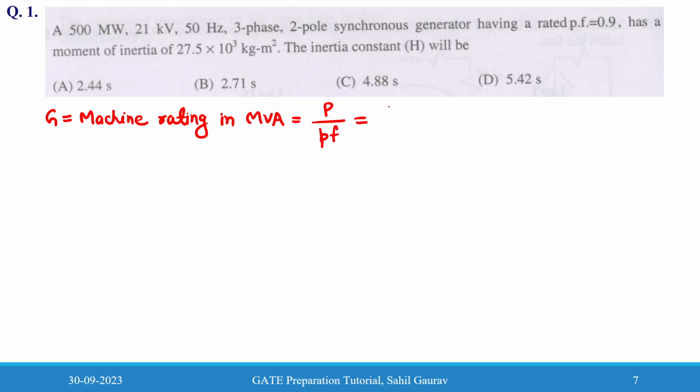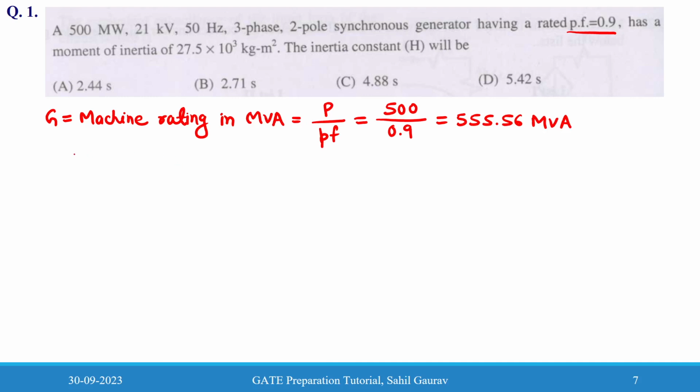P is given as 500 megawatt and power factor is given as 0.9. So this will come out as 555.56 MVA.